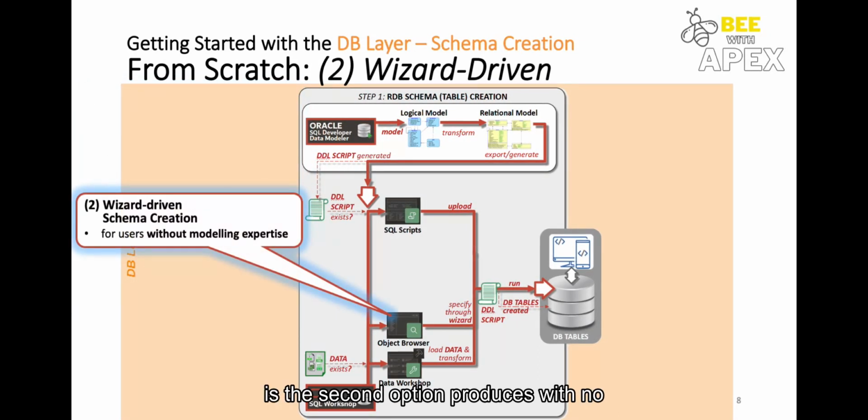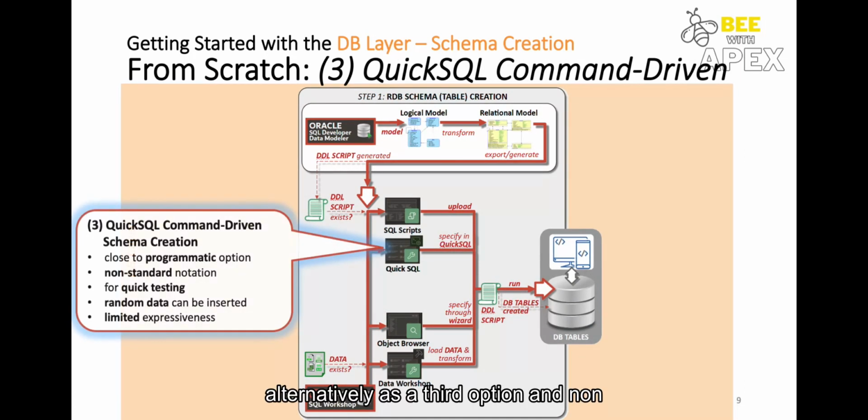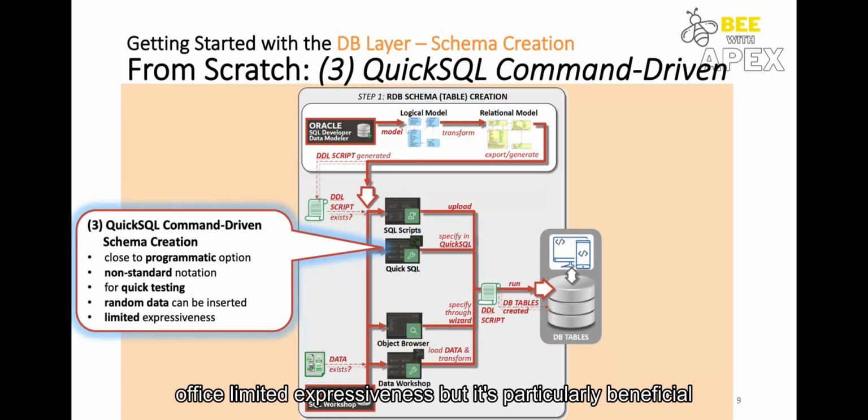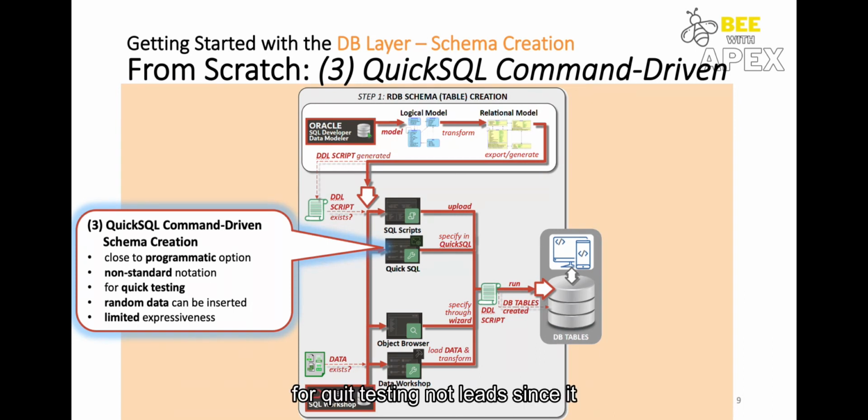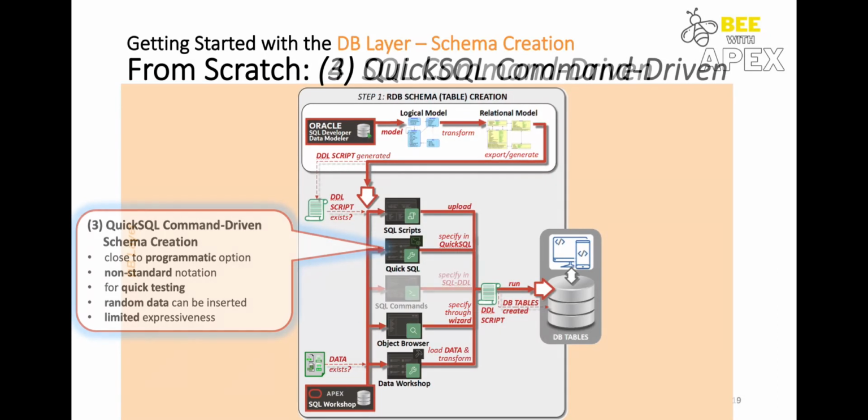As a second option for users with no modeling experience, APEX offers a wizard for low-code development of individual tables only. Alternatively, as a third option, a non-standard notation coined QuickSQL is available that allows to specify the schema. It offers limited expressiveness, but is particularly beneficial for quick testing, not least since it allows to insert random test data.